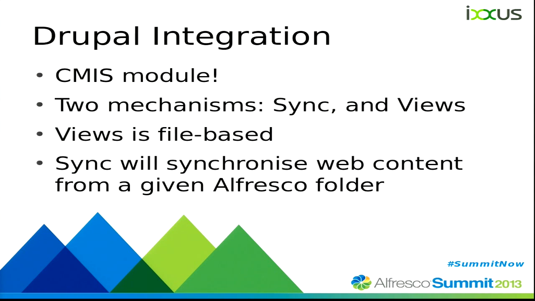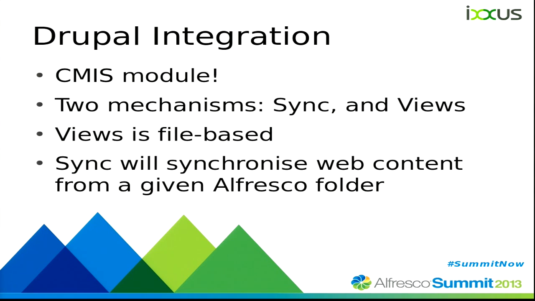So what problems and what opportunities did we have when we delivered our Drupal integration? Drupal has a CMIS module, which is great. We talked about CMIS, so it's very useful when you're developing an integration. The two parts of the CMIS module are sync and views.